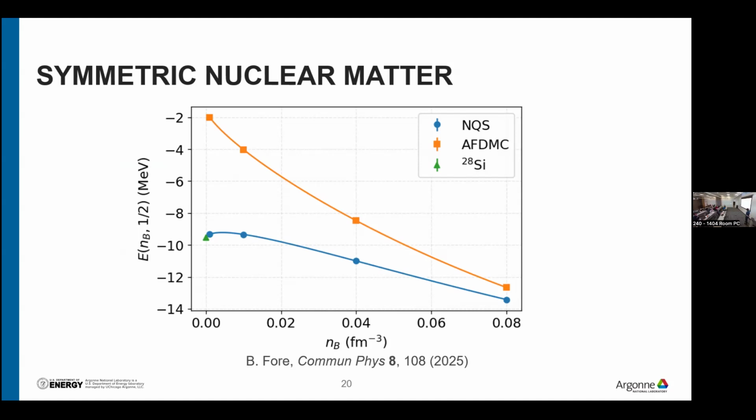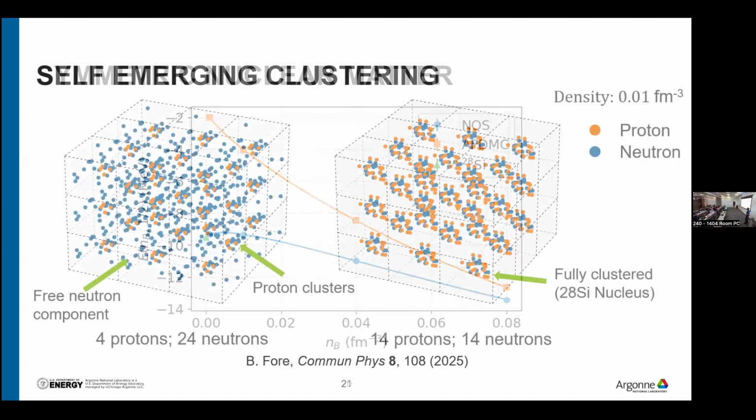But we do see at high density that AFDMC and neural quantum states are very close together. What we've interpreted this as is that the AFDMC result is missing out on all the clustering that's happening in this low density region. Whereas the neural quantum state is actually capturing that, even though we have no input that specifies there should be clustering.